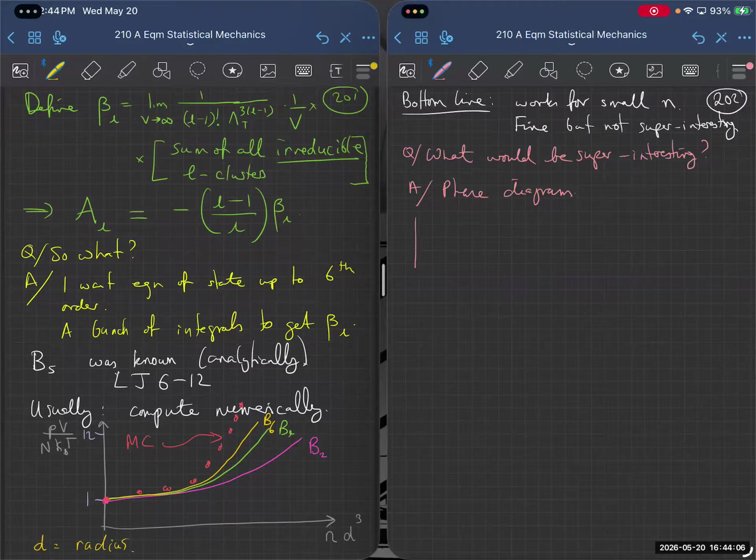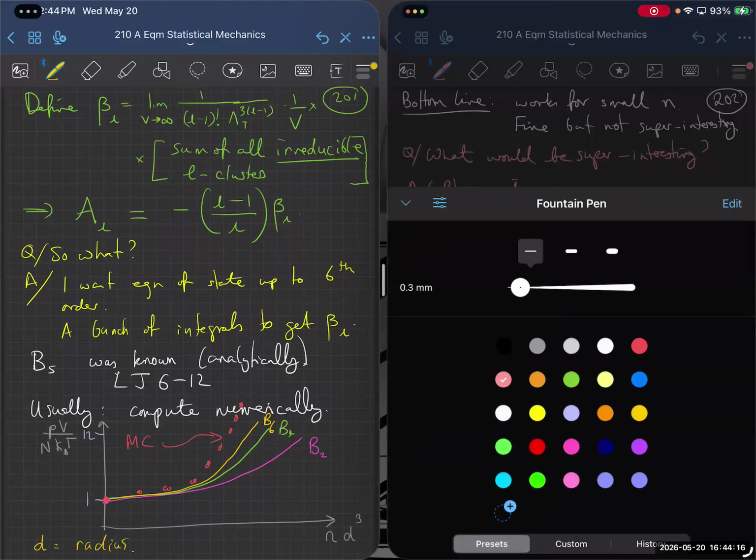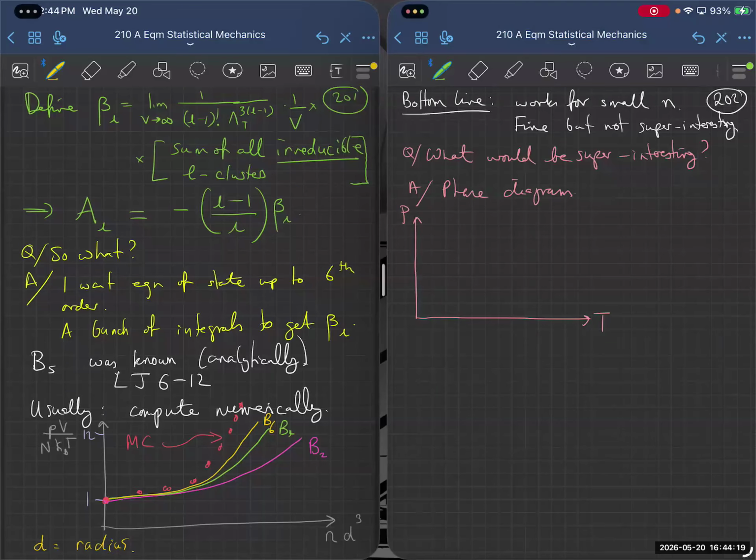So here is the phase diagram of particulate matter. Okay, so let me just write that down for you. You've all seen this before, and you've all forgotten it. But let's just draw this curve, this thing like this. Okay, so here's the phase diagram.